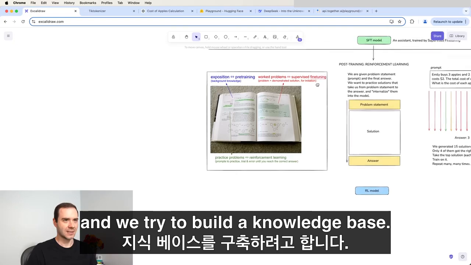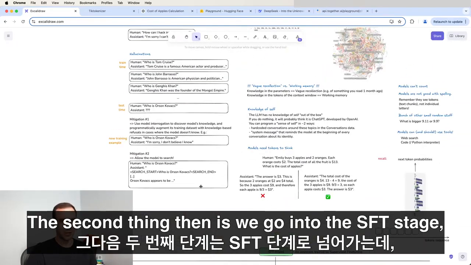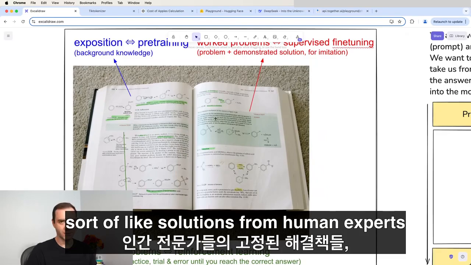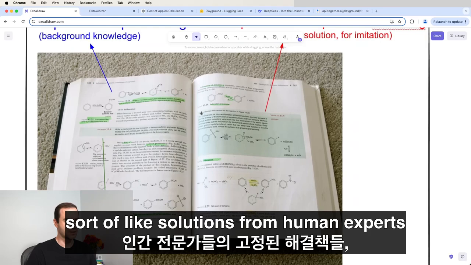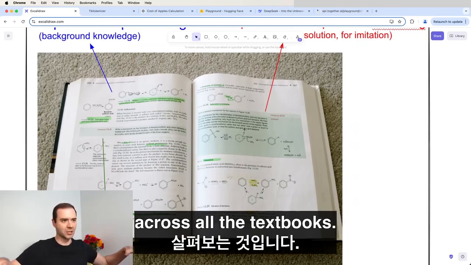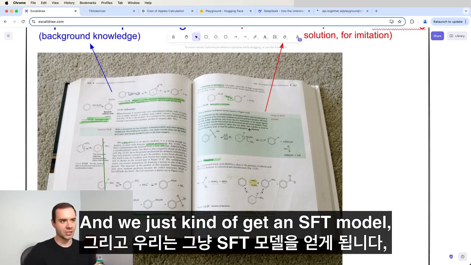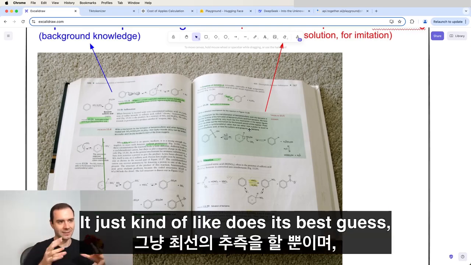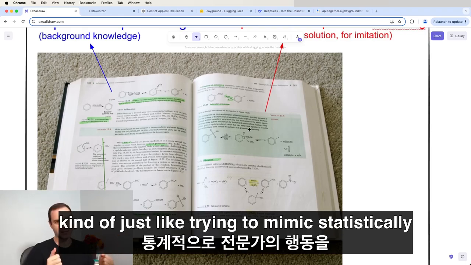The second thing is the SFT stage, which is really looking at all the fixed solutions from human experts, all the different kinds of worked solutions across all the textbooks. And we get an SFT model, which is able to imitate the experts, but does so blindly. It just does its best guess, trying to mimic statistically the expert behavior.